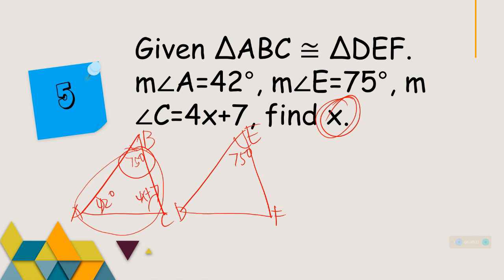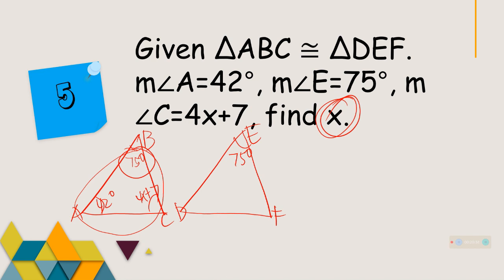So how are we going to find x? Yes, that's a good idea. You're going to use the property of the triangle. We have already discussed that last week, wherein the sum of the measures of all the angles of a triangle is always equal to 180 degrees.